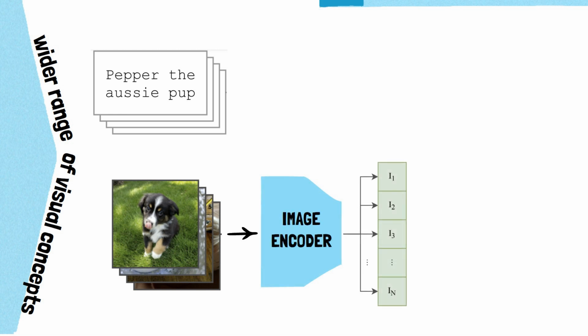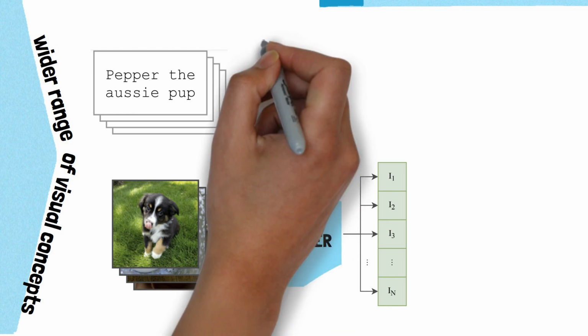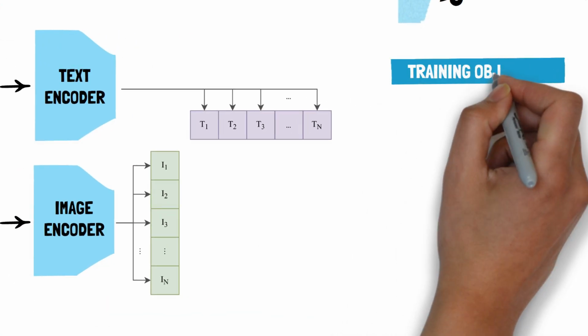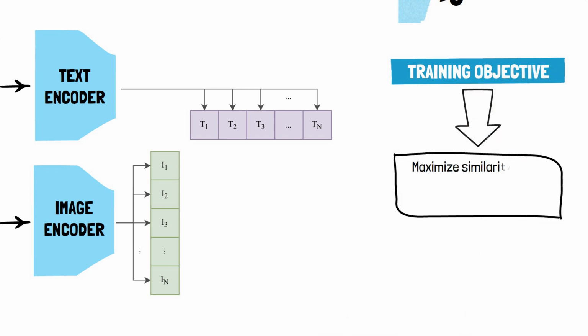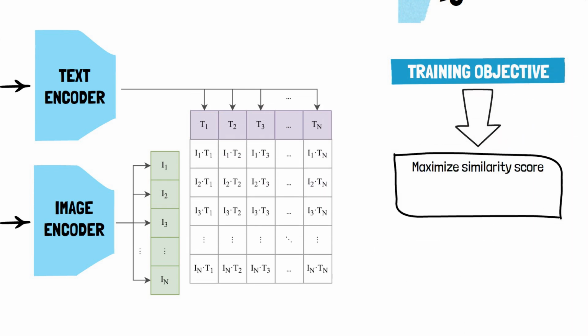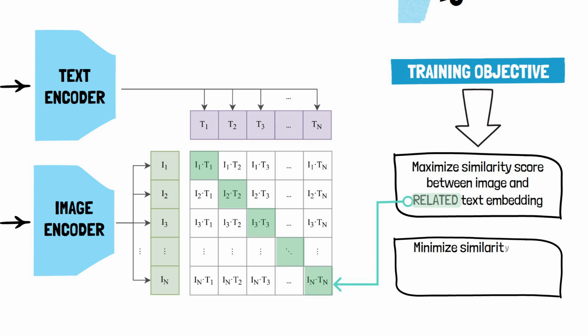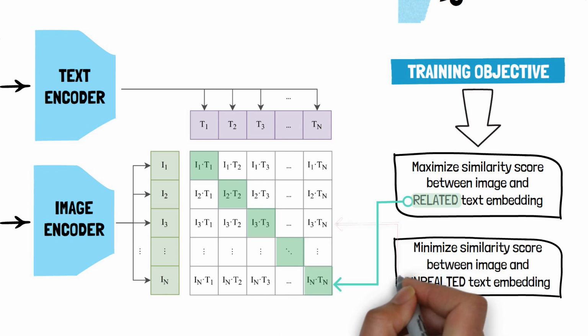The associated captions are then processed by an LLM to generate text embeddings. The objective of training is to maximize the similarity score, that is the dot product, between the image and the corresponding text embeddings, while minimizing the similarity between the image and all the other text embeddings which are unrelated.